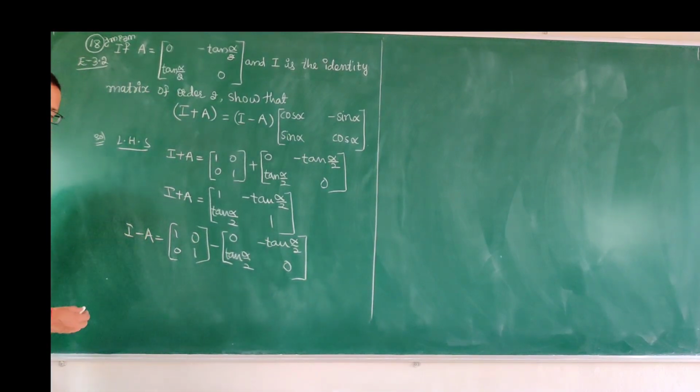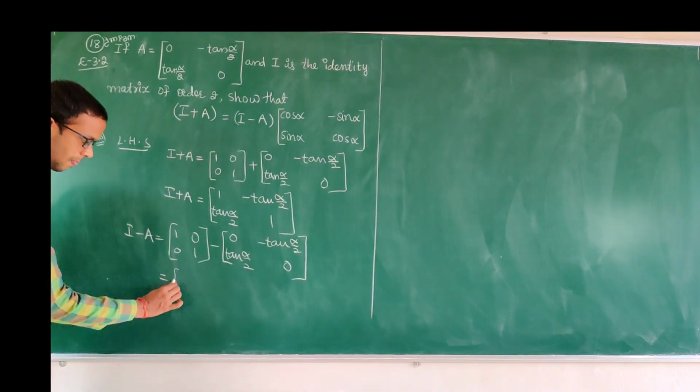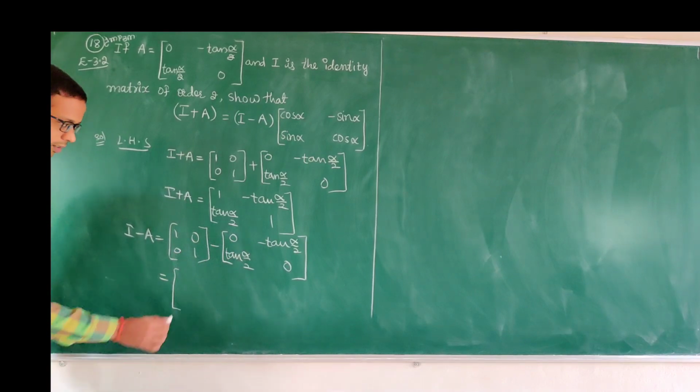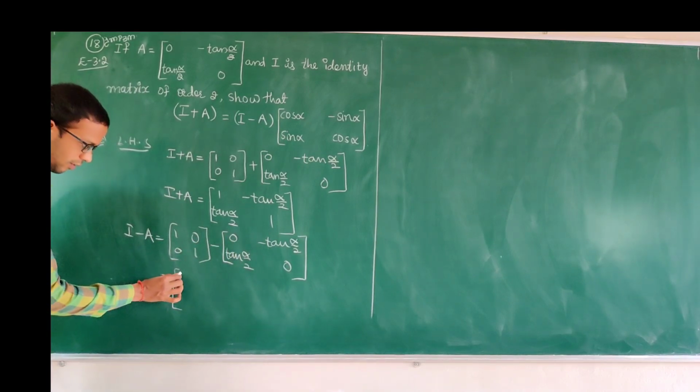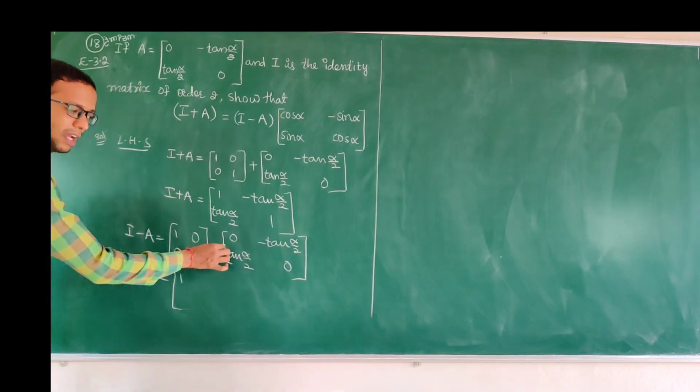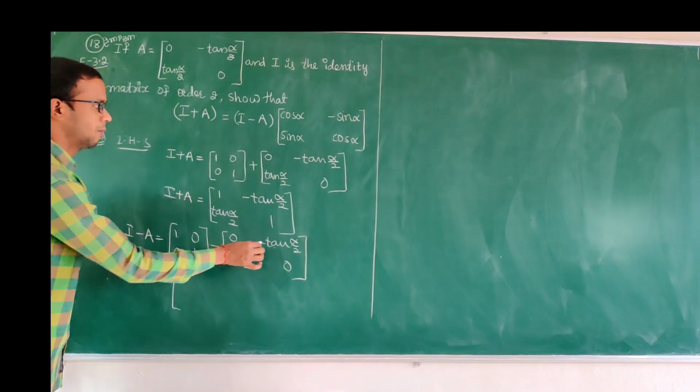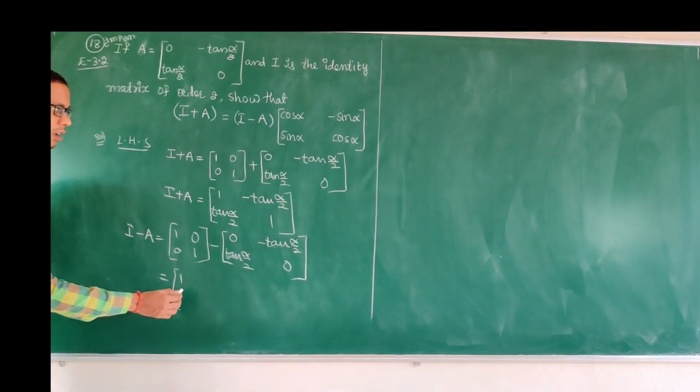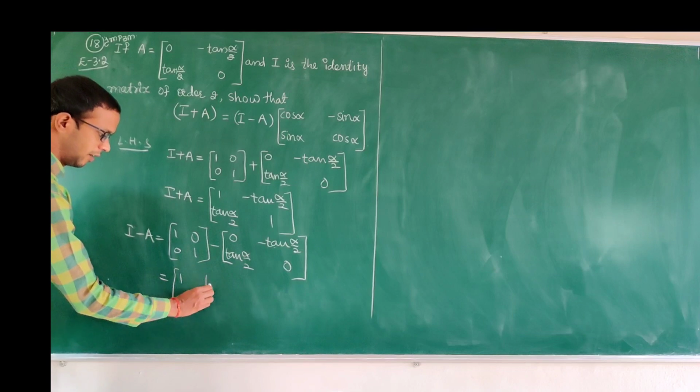Matrix A won't change. So now we have to make the subtraction here: 1 minus 0 is 1, 0 minus of minus, so plus we will get.